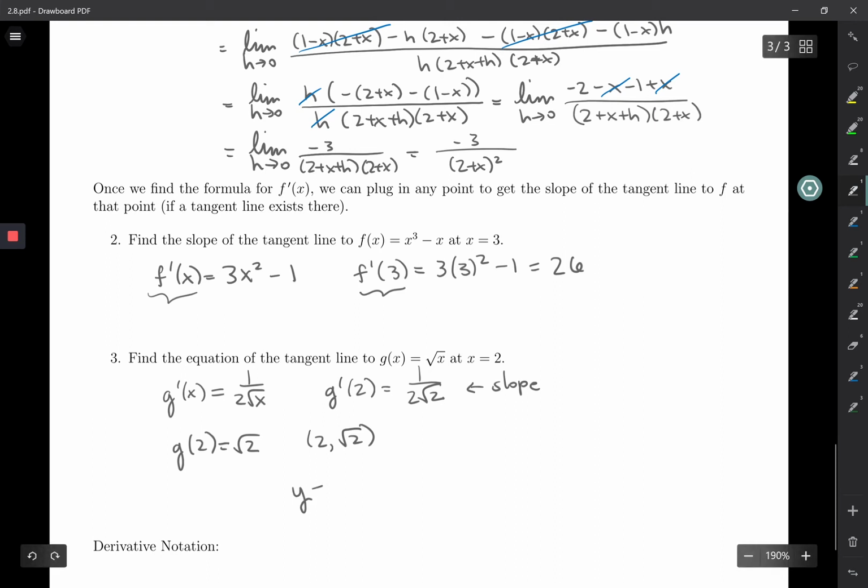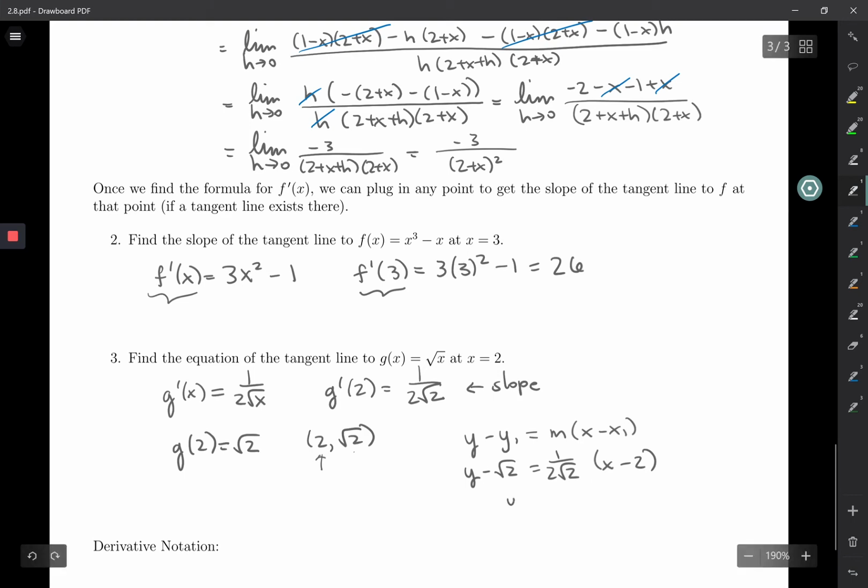We just use point slope form. So maybe I'll write it out so that we remember what that is. So y minus y1 equals m times x minus x1. That's your general form. And then we just plug in our values. So y1 is root 2. M is right here, that's the slope, 1 over 2 root 2. And then x minus, here's our x, it's 2.